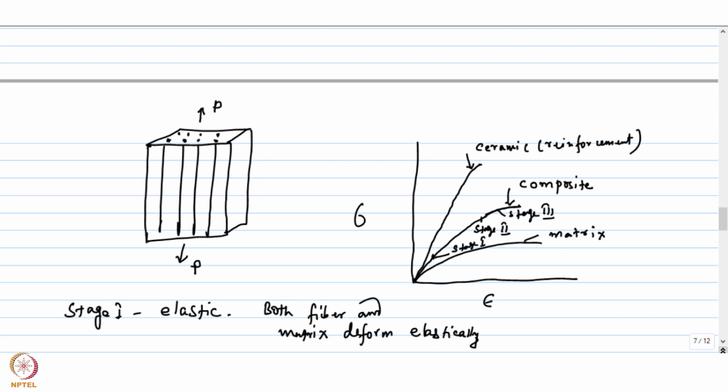Then as you increase the load, it enters the stage 2, which is quasi-elastic in the sense that the matrix deforms plastically, but the fibers are still elastic. And then as the load is further increased, it goes into stage 3, where both the fibers as well as the matrix undergo plastic deformation. And at this stage, if the load is high enough, the fibers will also break, okay? And ultimately, the composite will fracture.